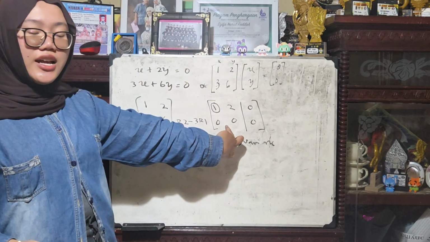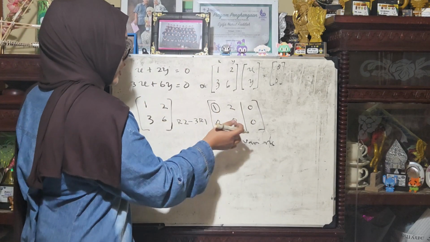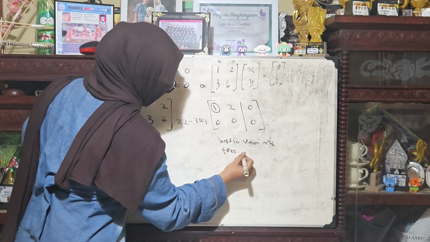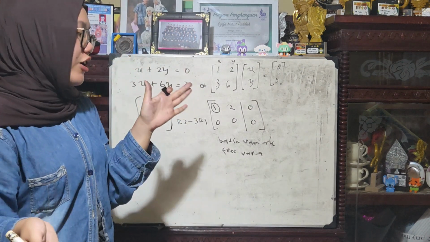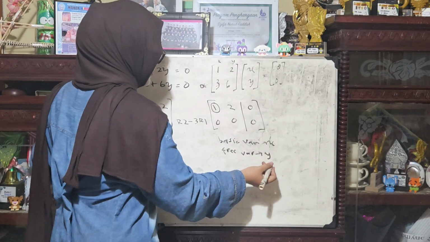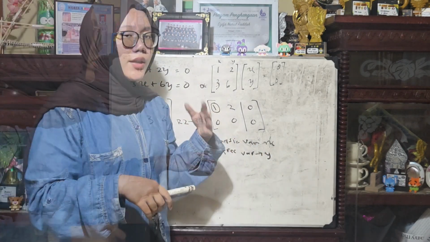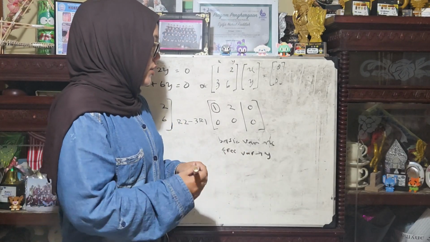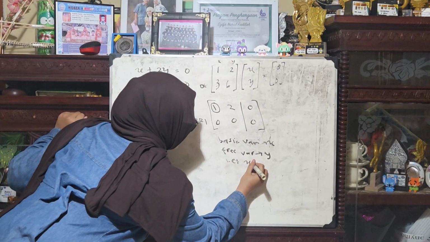And when we don't have any pivot on the variable, we call this a free variable. In this case, our free variable is y. When we are solving a homogeneous system, we can set a parameter for the free variable. So let y equal t.